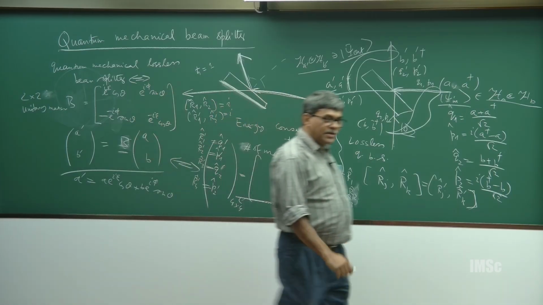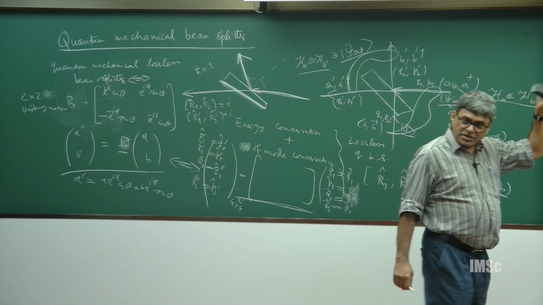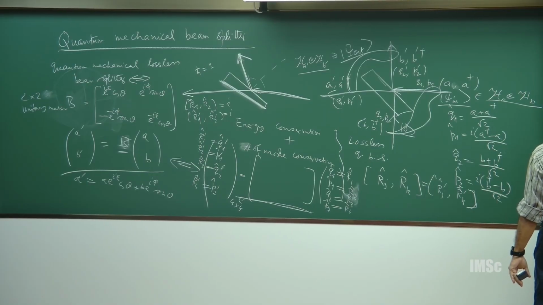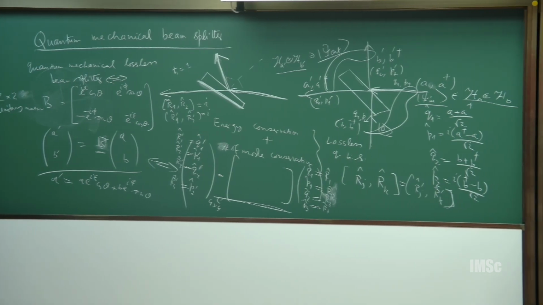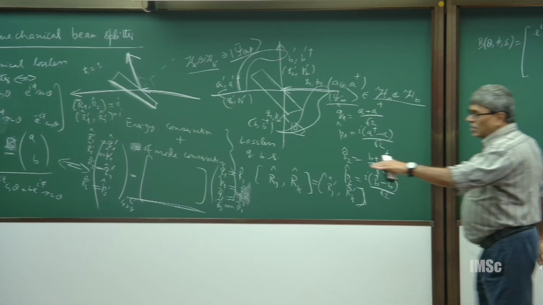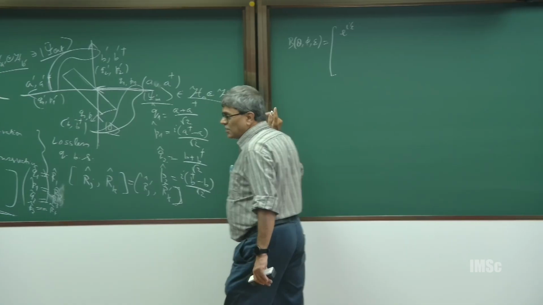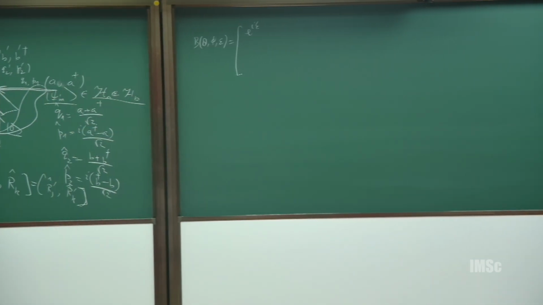For the unitary matrix I will use U. So, this B, which is a function of theta, phi and epsilon, I will write once again as e to the power I. By the way, can you see whatever I am writing on the right hand side of the board? Yes, sir.